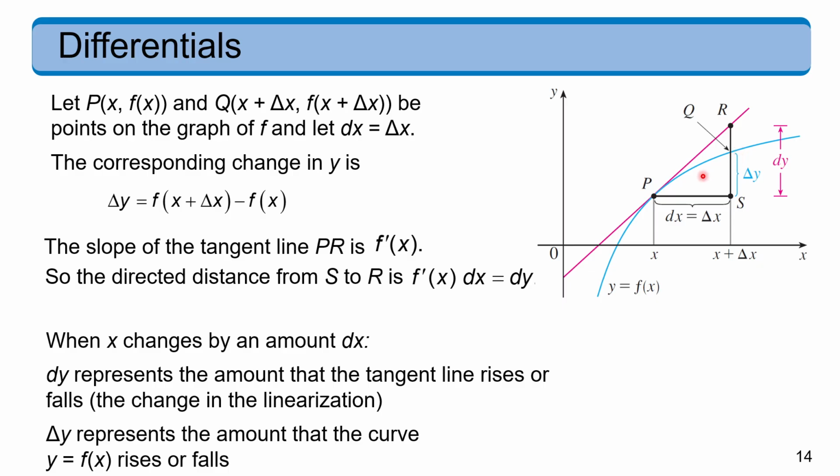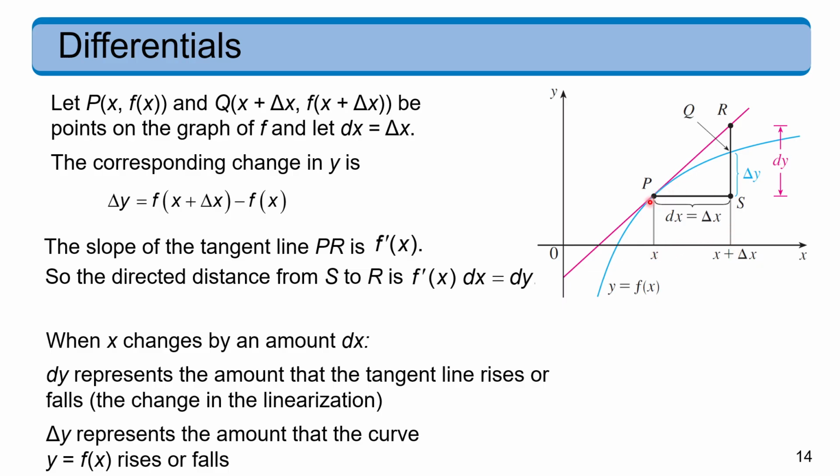And then just like I discussed earlier, we define dx to be the same as delta x. So that is the distance between the starting x coordinate and the new x coordinate. So then delta y represents how much the function value changed. In other words, how much did the y coordinates change when we move from one x coordinate to the other.